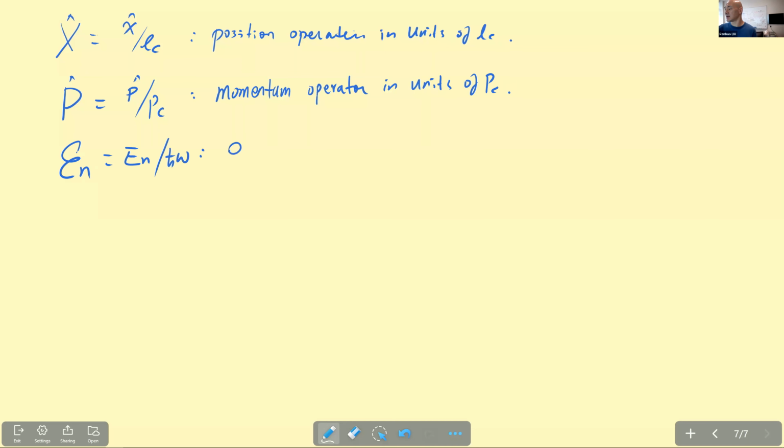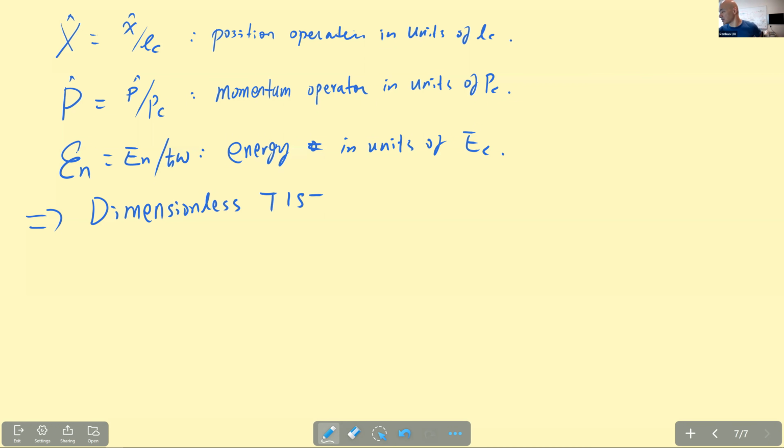So that is the energy in units of EC, right? So from this one, we obtain a dimensionless Schrodinger equation, okay?